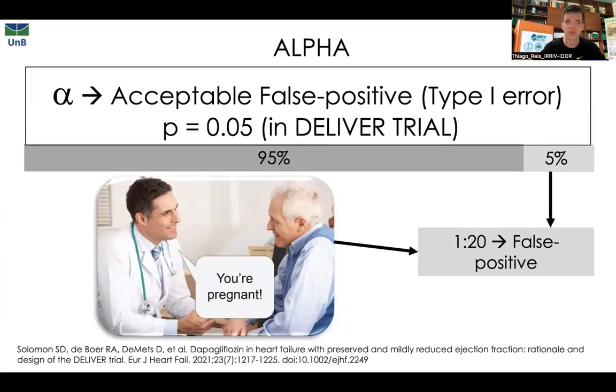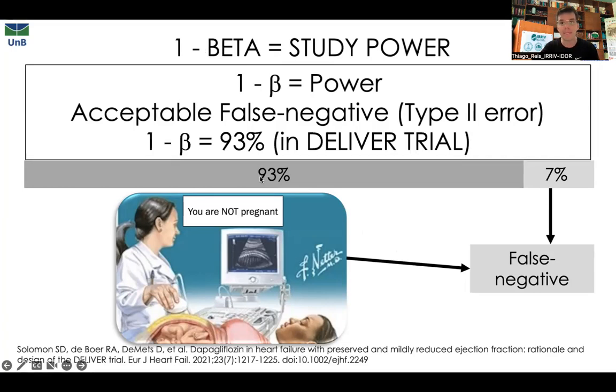Concerning the liver trial, alpha was 0.05. So this is the acceptable percentage probability of a false positive result, okay? And beta was small, only 7%. Usually in trials, they use 20%. And then the study power, 1 minus beta, was 93%.